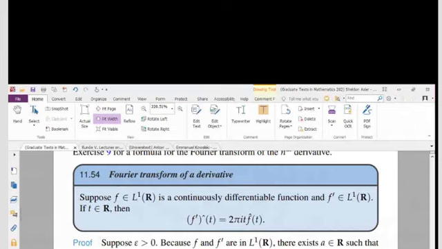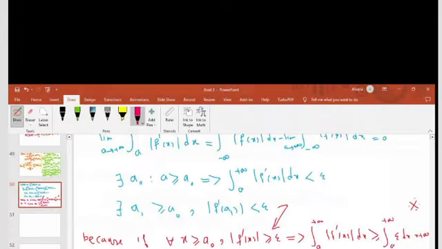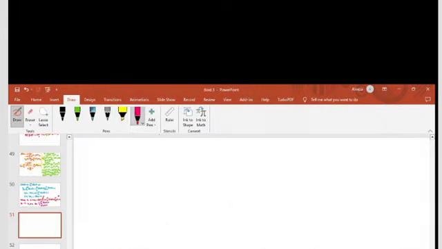Now if b is an element greater than a, then f of b is equal to this, because we know that the integral of f prime of x dx from a to b equal to f of b minus f of a, okay?